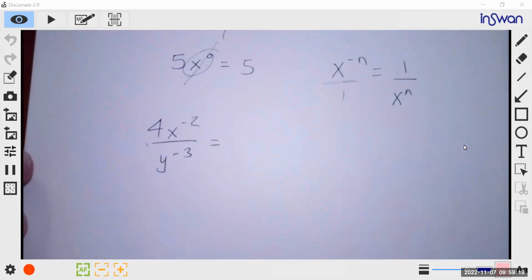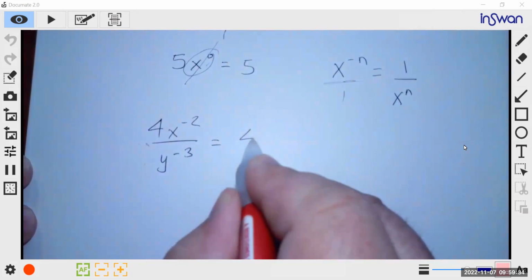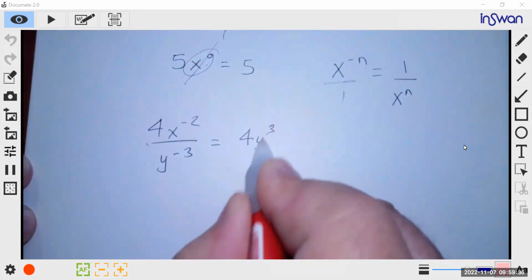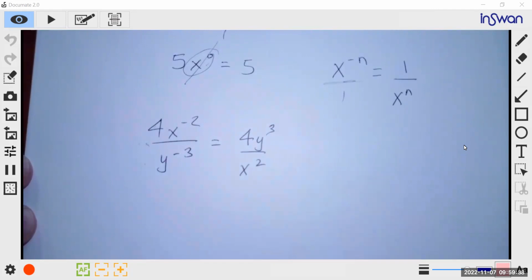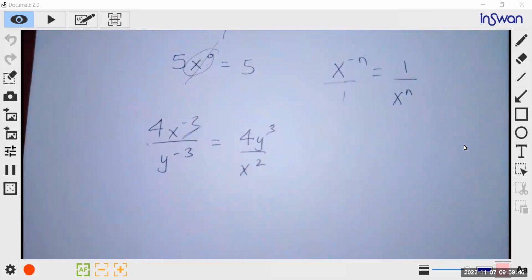So if I had that, what would the answer be? Does the 4 have a negative exponent to it? That negative exponent only touches the x.